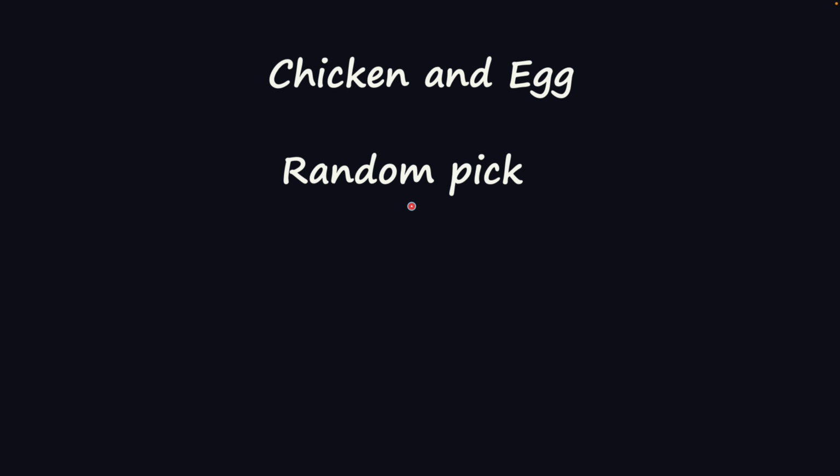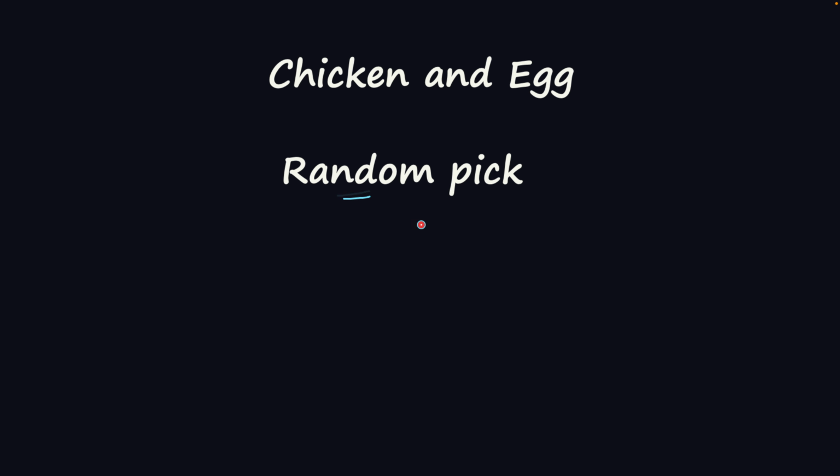Well, in general, whenever we face this kind of chicken and egg problem in algorithms, we go with a random value. We randomly pick one of them, and then we make this randomly selected value better and better.